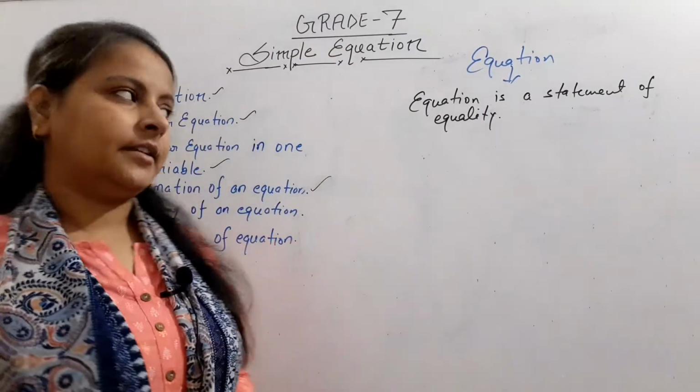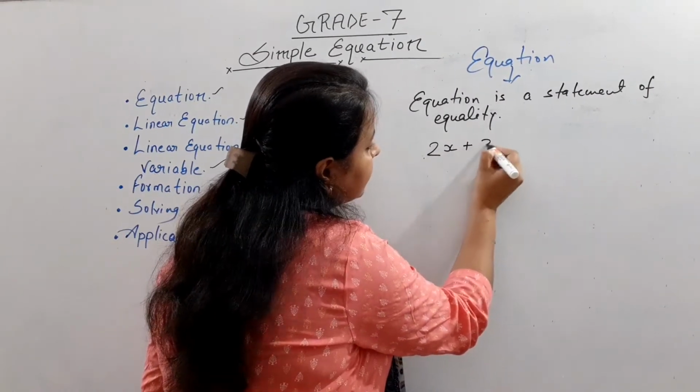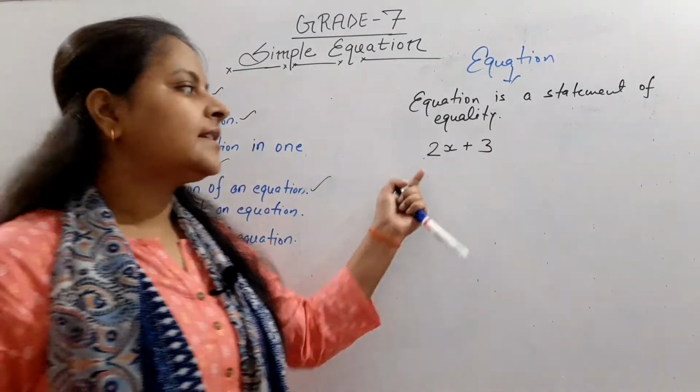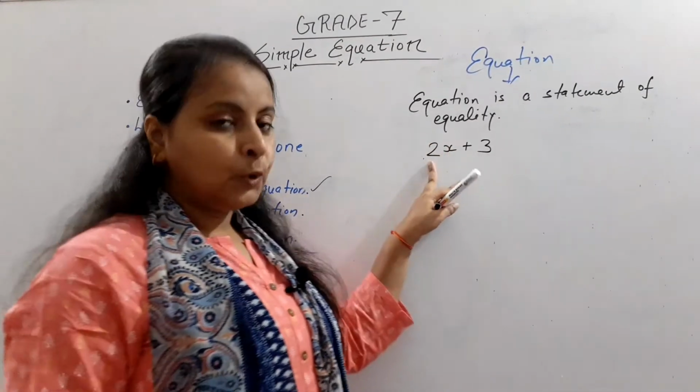Statement of equality. Students, if we write 2x plus 3, this is a mathematical statement, that is 2 times x added with 3.